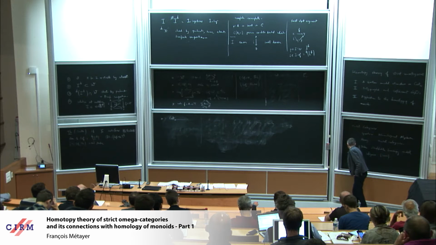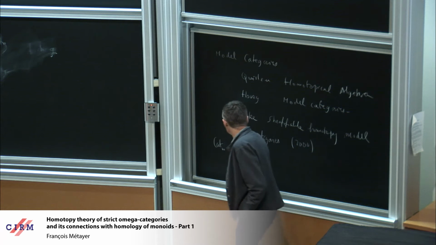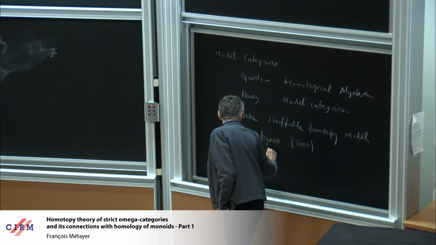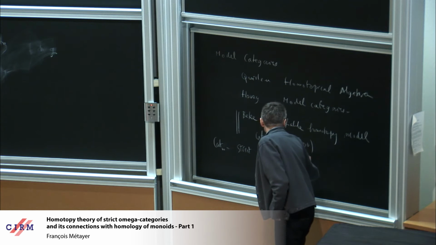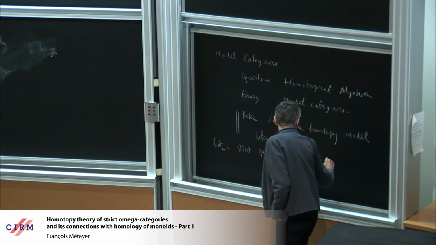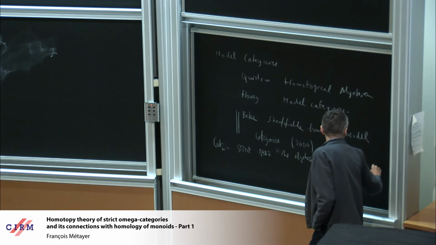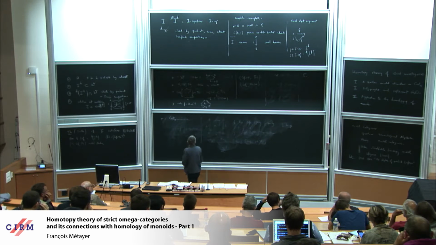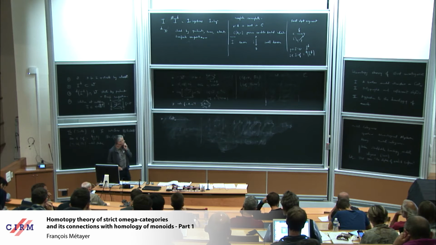As for omega categories, the primary source is, of course, Street's paper of 1987, The Algebra of Oriented Simplexes, where all these definitions come from.